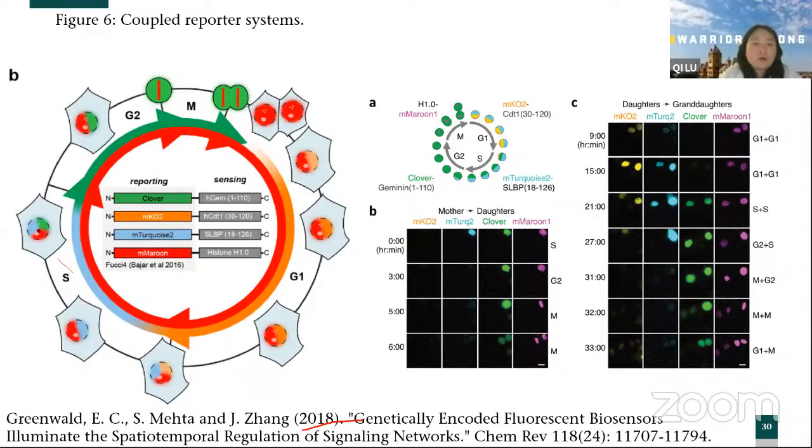It's almost gone, and the green only happens here. And at this stage it has the MKO2, and at this stage there will be two crystal tubes. So you can further separate these different conditions and tell the difference between the S status and the G2 status.